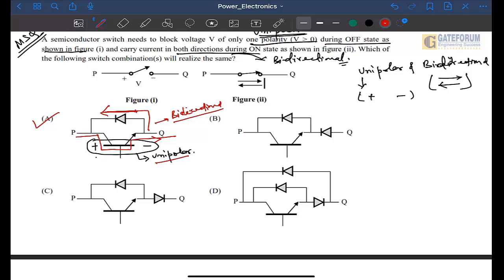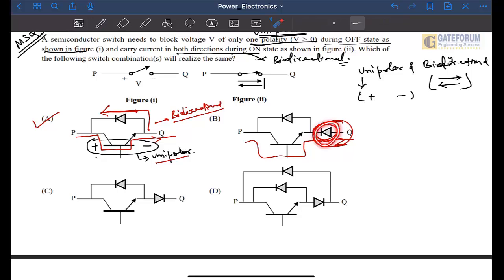Now since it is MSQ, we have to check each and every option very carefully. In option B you will see two diodes, but if current wants to flow in this way, is it possible? No, current cannot flow in this direction due to this diode.